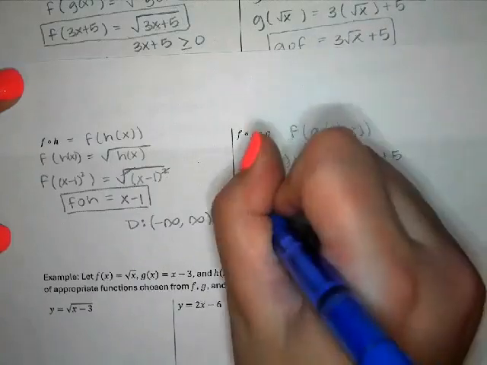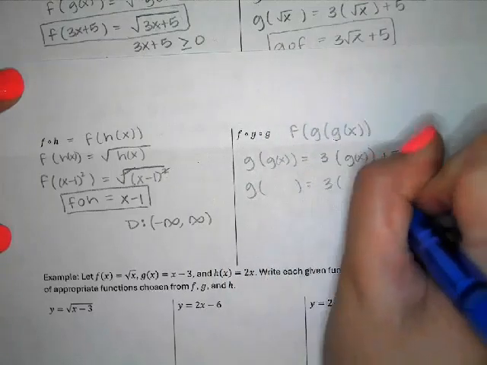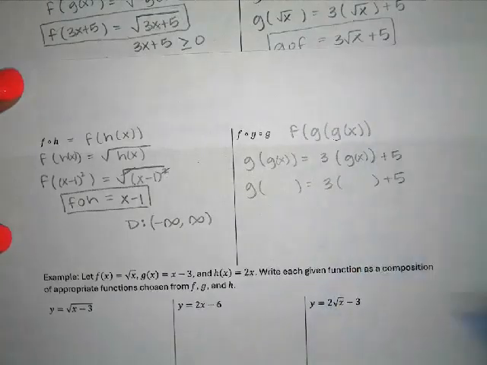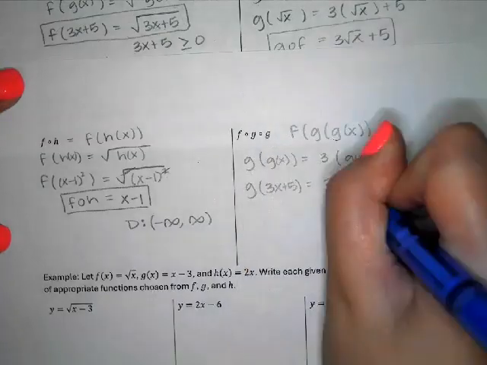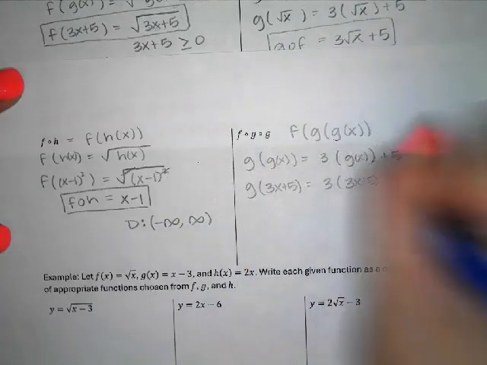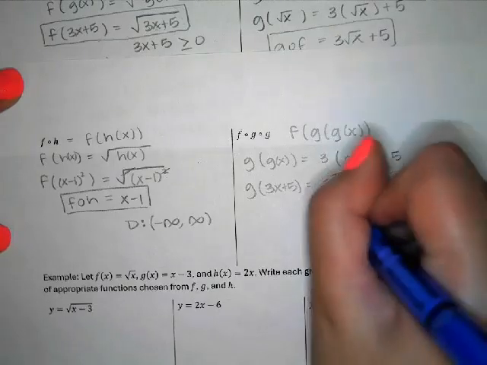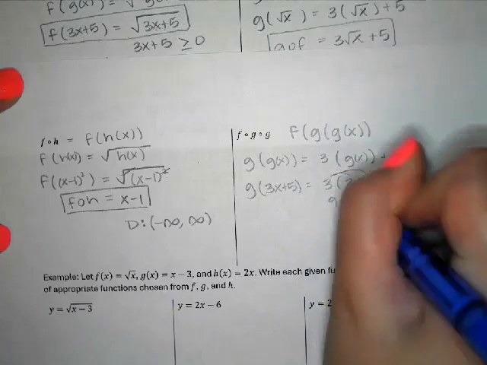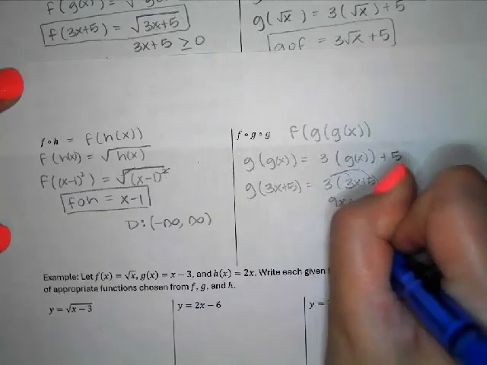And so when I do that, that means that I'm plugging in 3x plus 5 into itself. Okay, so this gives me 9x plus 15 plus another 5. So 9x plus 20.